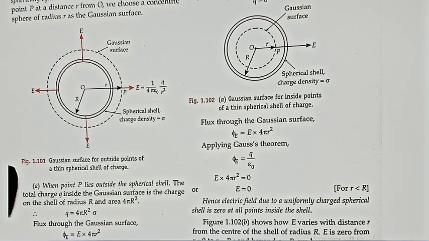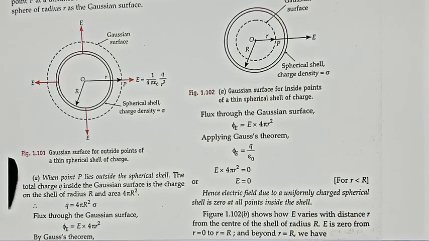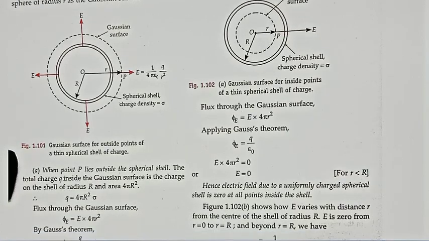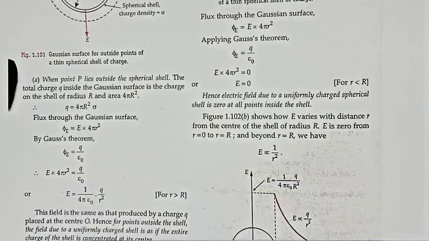But Q is equal to 0 here because charges reside at the outer surface of the spherical cell. Okay, this we will learn in details later on. So finally you may get E is equal to 0. So electric field due to a uniformly charged spherical cell is 0 at all points inside the cell. Okay, so this is the conclusion.